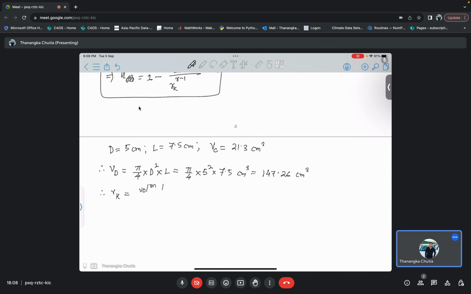Volume before compression divided by volume after compression. Volume before compression is Vd plus Vc, and volume after compression is Vc. So from here we get 1 plus Vd by Vc.